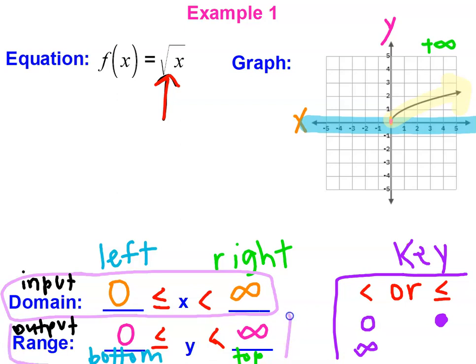The key is domain is left to right, range is bottom to top. So if I read this out loud for the domain, this is saying that x is always greater than or equal to 0 and always less than infinity. For the range, we're saying that y is always greater than or equal to 0 and always less than infinity. So as you see, the domain and range look the same, except for, of course, the x and y.